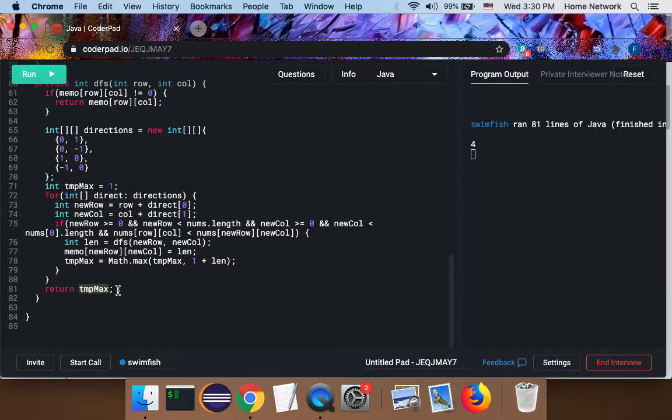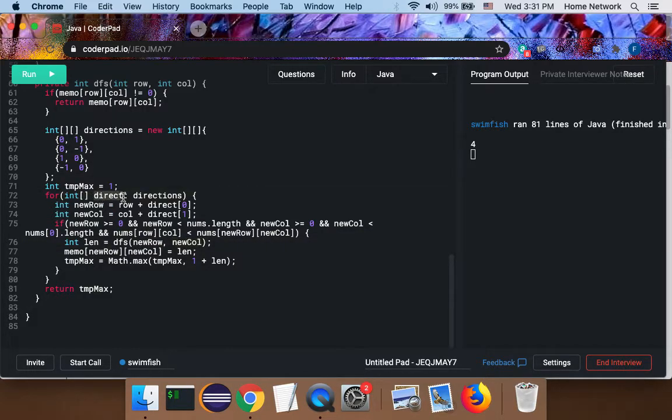That's what we return. However, those 4 directions have to satisfy that they are not out of boundary, and it's increasing. In that case, we explore one of the directions.